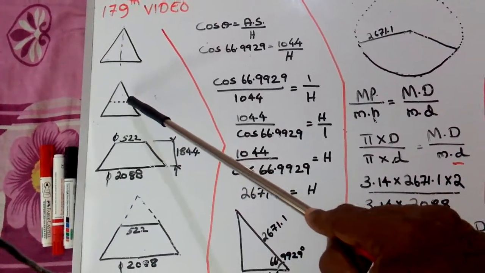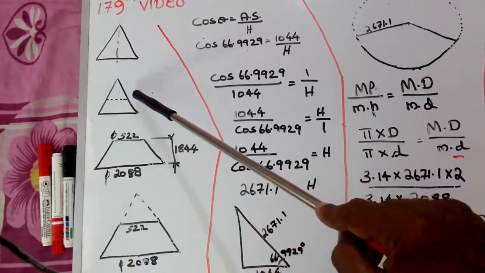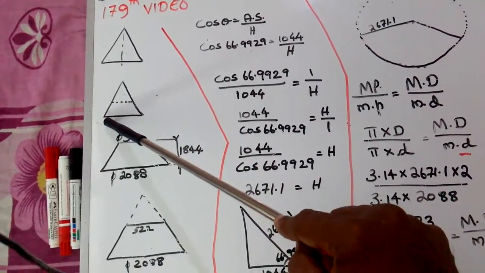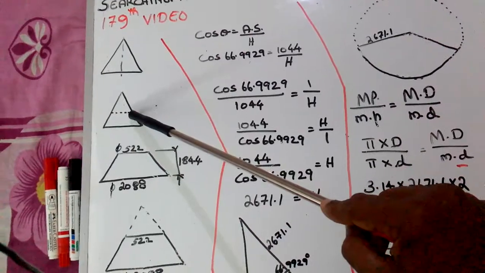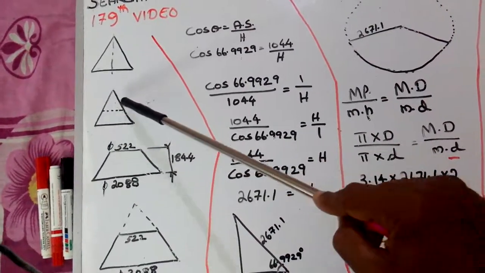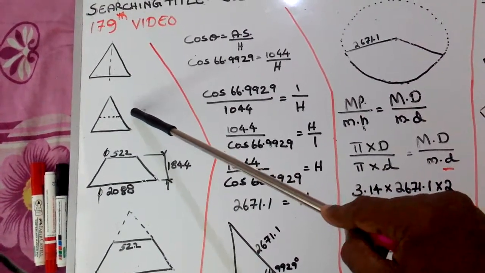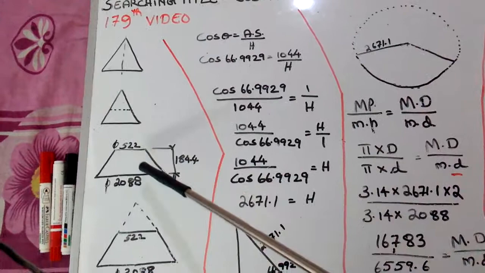If it has a cut, it will have a cone with only this much length and width. It means we have to avoid this top portion, and I have drawn only this portion below.